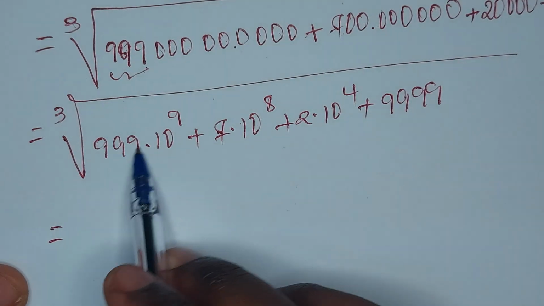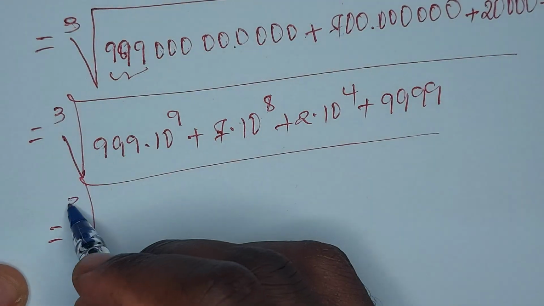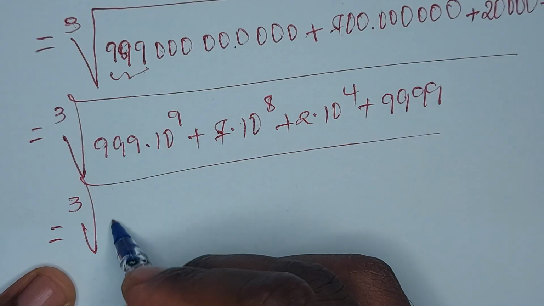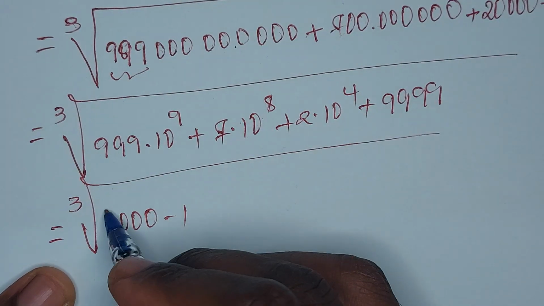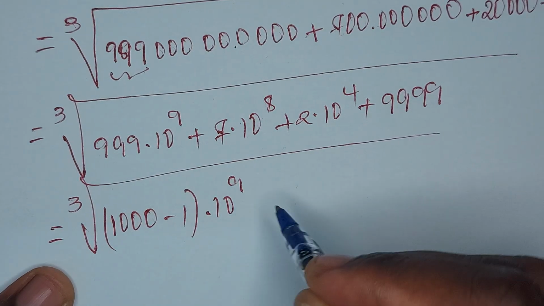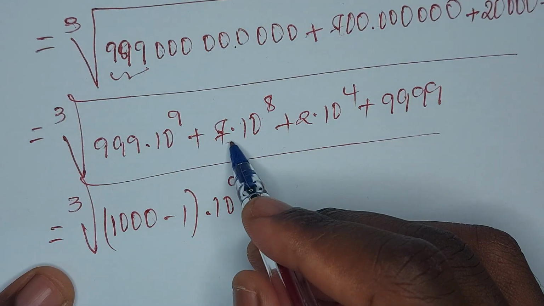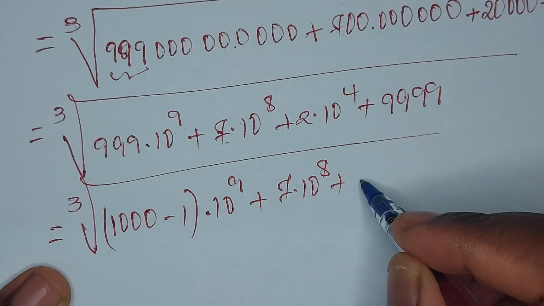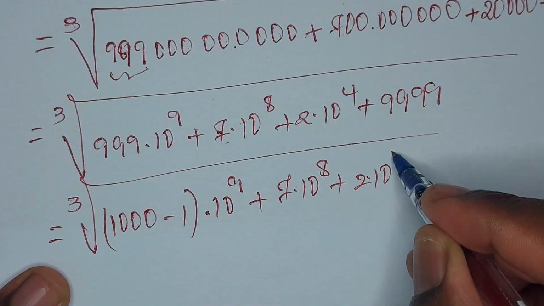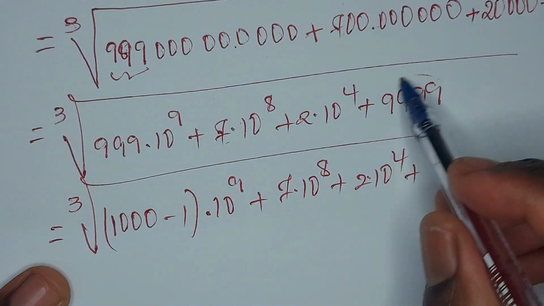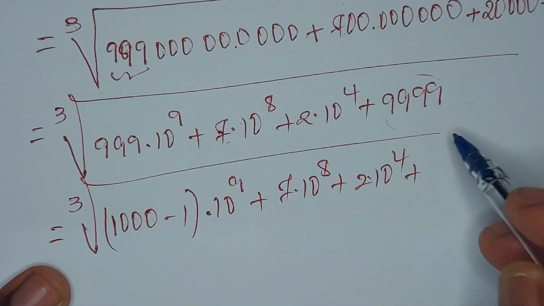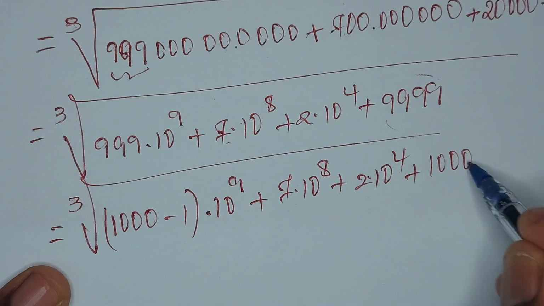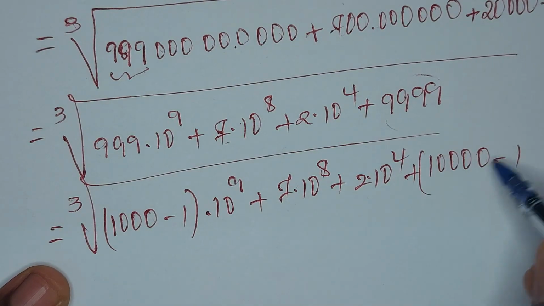Okay, so given this, guys, what we're going to do now is, well, this number here I can write as 1,000 minus 1, times 10 to the 9 plus 7 times 10 to the 8 plus 2 times 10 to the 4 plus, and this number here, how can I write it? This is 10,000 minus 1.